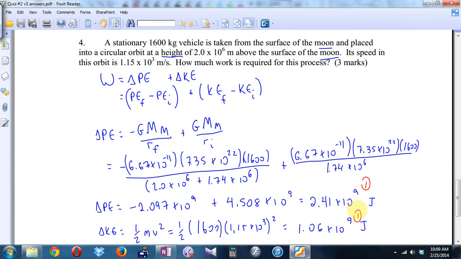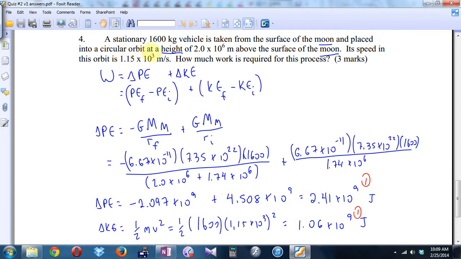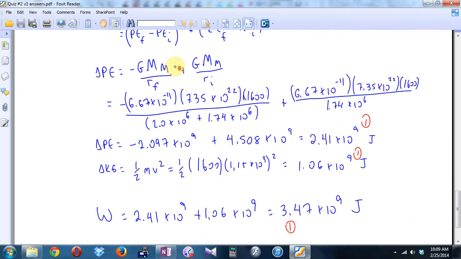And then the kinetic energy. Now, this was nice, Jordan. They gave me the orbital speed. I would have no problem not giving you the speed and making you calculate it just like you did in 1A, by going gravity equals circular and getting v by itself. Anyways, 3.47 times 10 to the 9th.